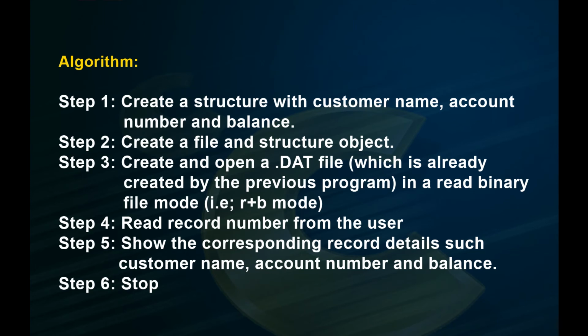Step 4, read record number from the user. Step 5, show the corresponding record details such as customer name, account number and balance. Step 6, stop. Now, let us type this program.